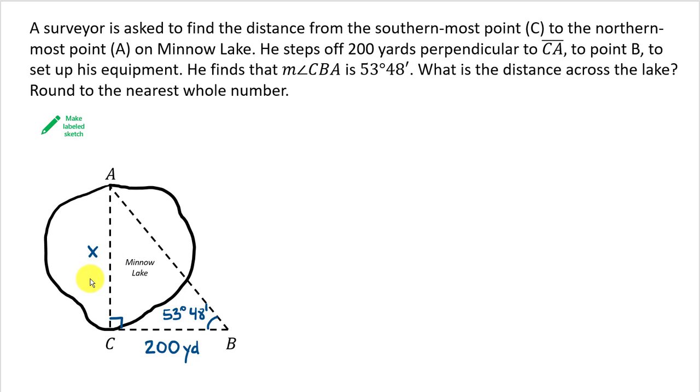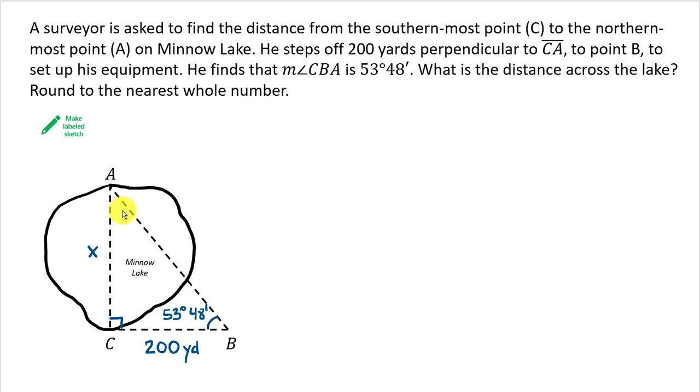From our knowledge of solving right triangles, we know that we'll need to use right triangle trigonometry. In other words, we need to identify the trigonometric function that will help us to find the unknown side. So to decide which one to use, sine, cosine, or tangent, let's identify how the given information relates to the unknown information. So we're given an angle, and we're also given its adjacent side, right?